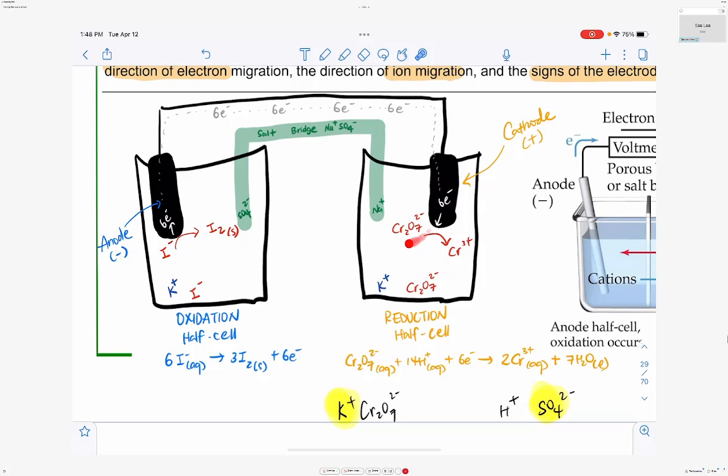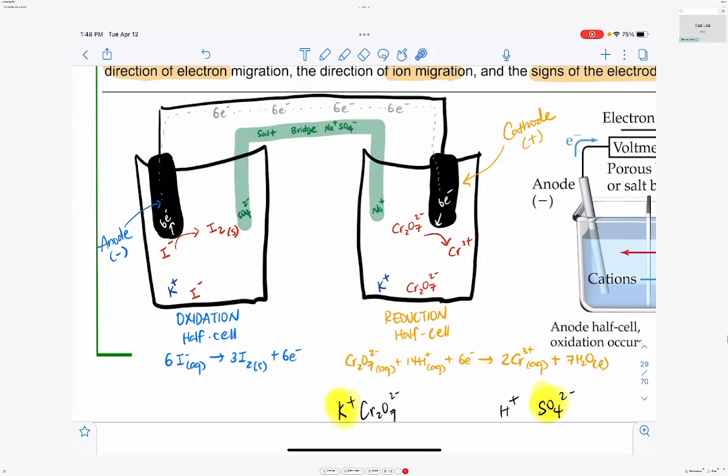So the dichromate will gain 6 electrons and will become chromium ion. The special feature about this cell is that the anode and cathode itself is not iodine and dichromate itself. Remember the voltaic cell that we observed before, it was zinc metal, copper metal itself, but here this is not iodine, this is not dichromate.